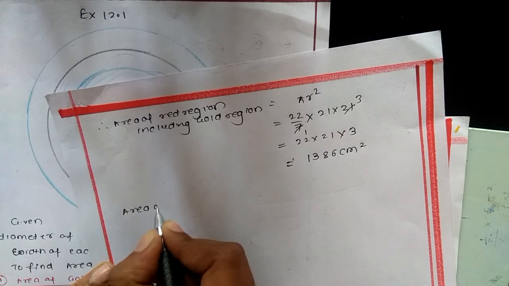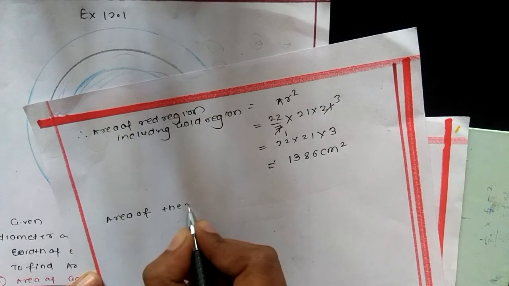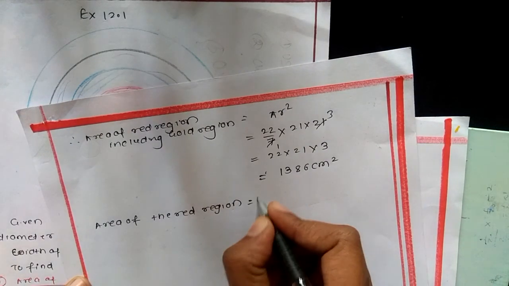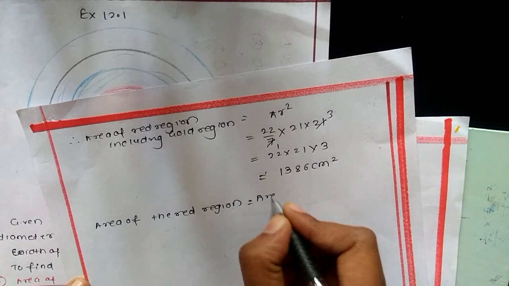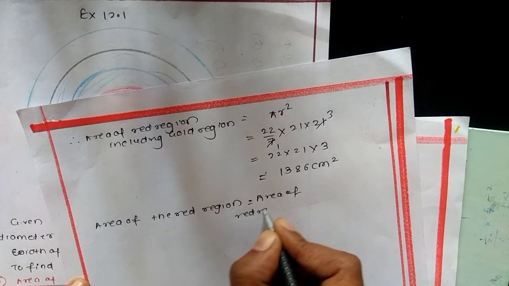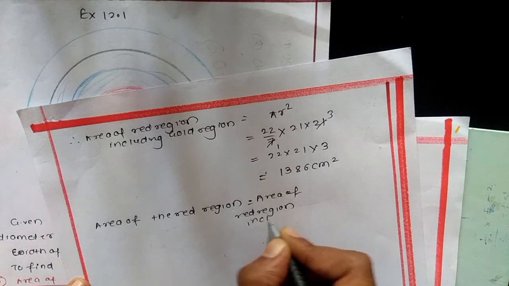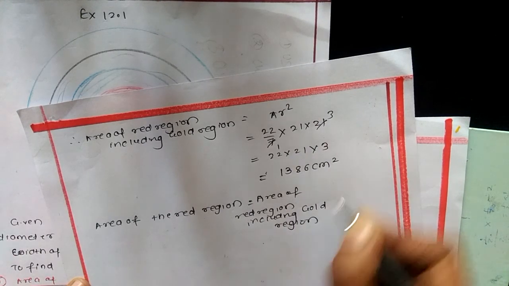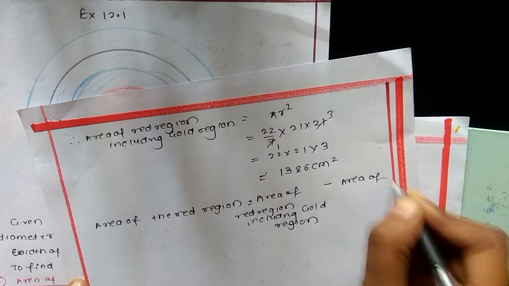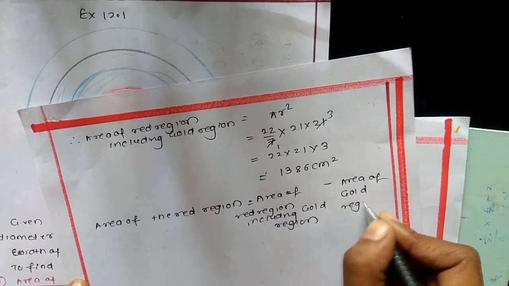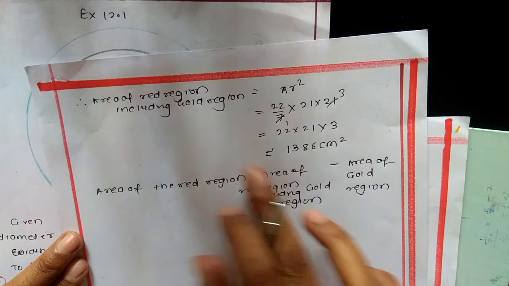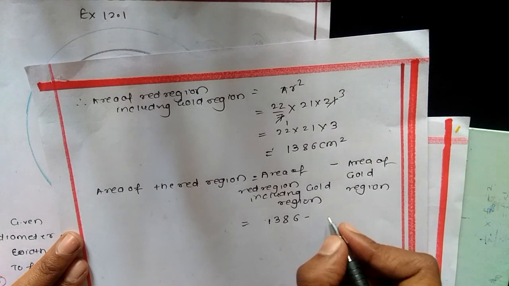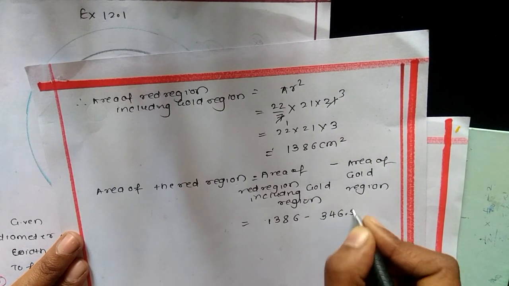So here we want only the red region area. The area of the red region including the gold region is 1386, and from this you have to subtract the area of the gold region, which we found as 346.5 centimeter square.